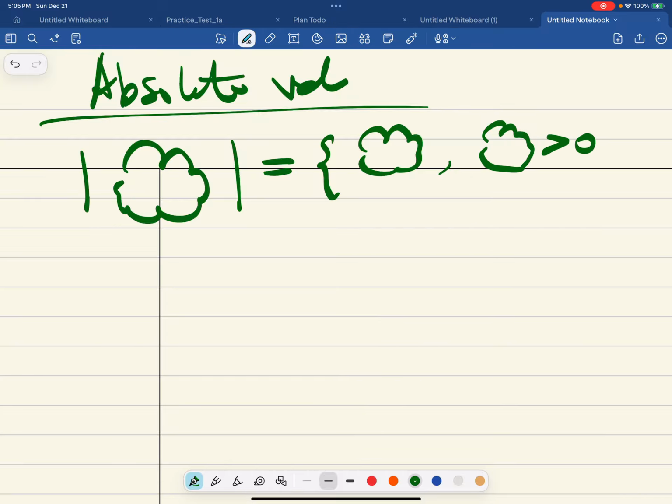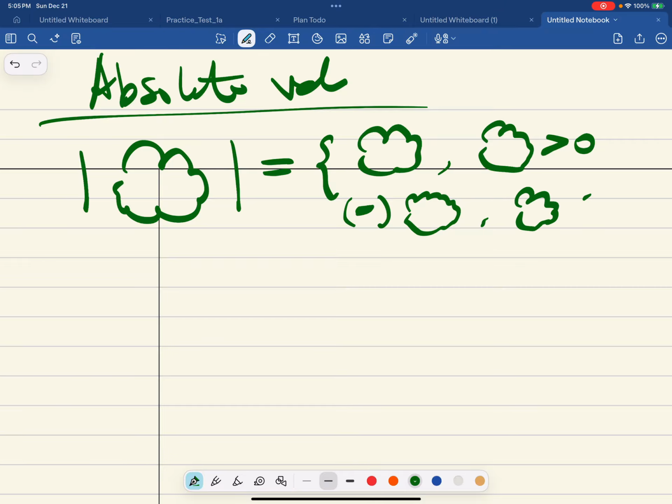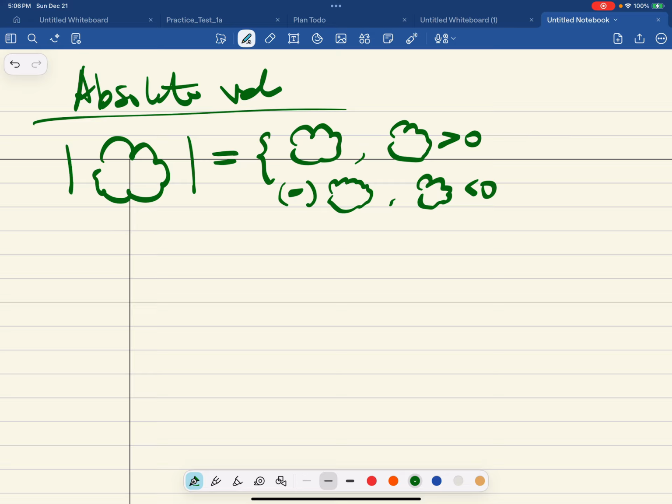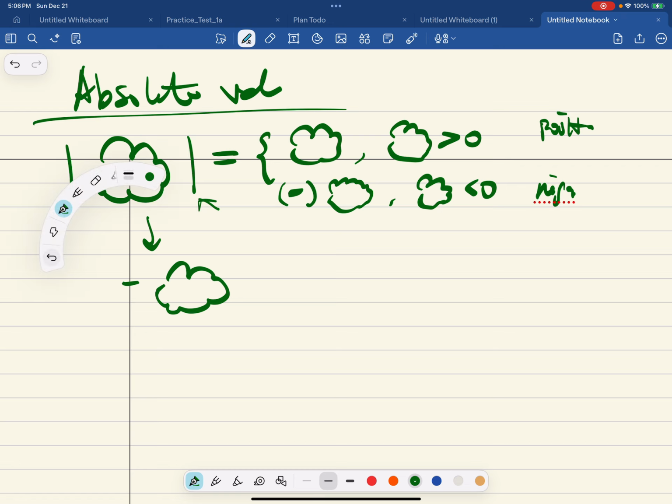But it becomes a negative cloud if the cloud is smaller than 0. That means if the inside of an absolute value is positive, it stays positive. If the inside of the absolute value is negative, the function itself will now be a negative cloud, and you get rid of the absolute value. You don't want those signs to stay.